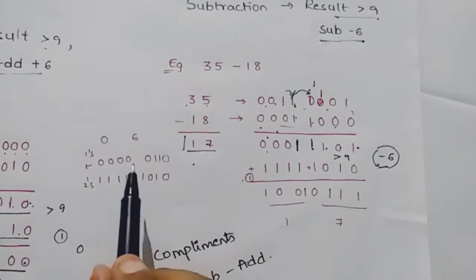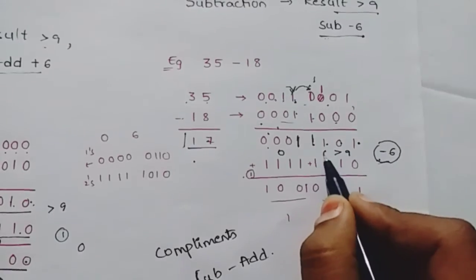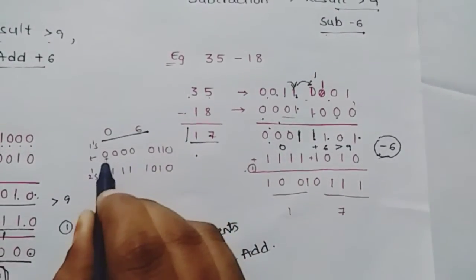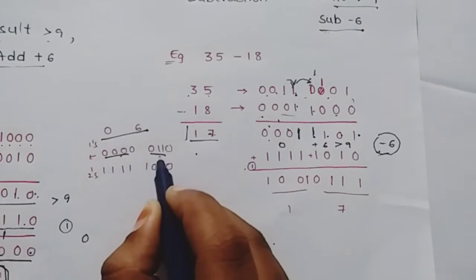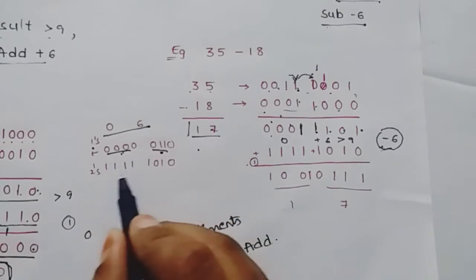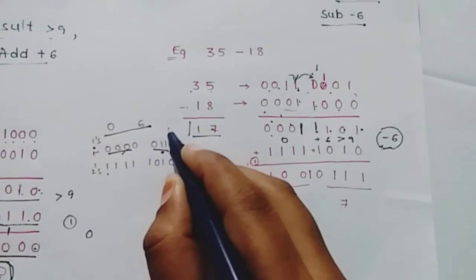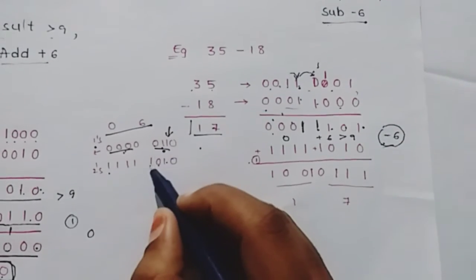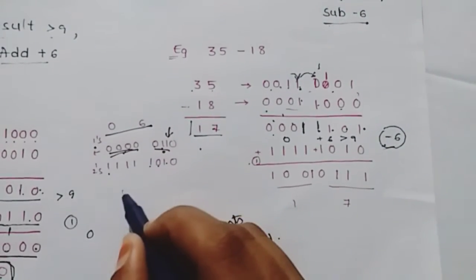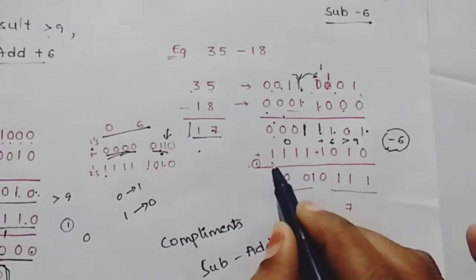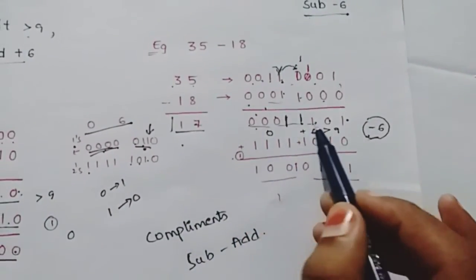So we take 0 here, and plus 6, which in binary is the 1's complement of this, and we have to convert it into 2's complement. We get 1 here, this is 0 1, here all zeros are converted into 1 and 1's are converted into 0, so add this to the result value.